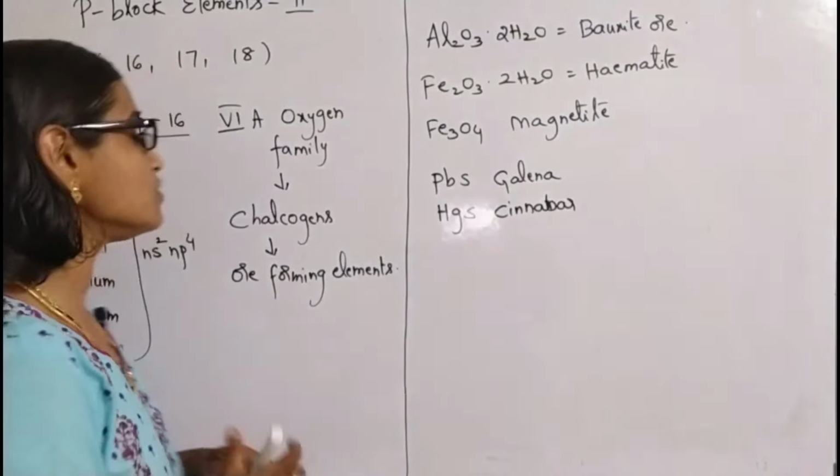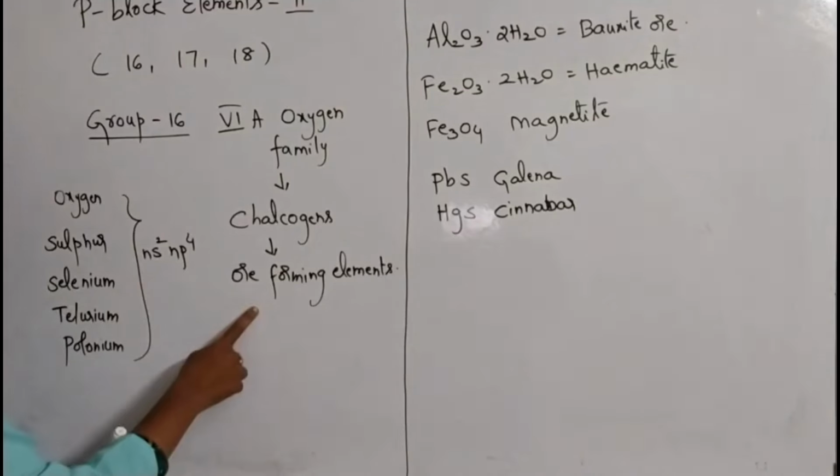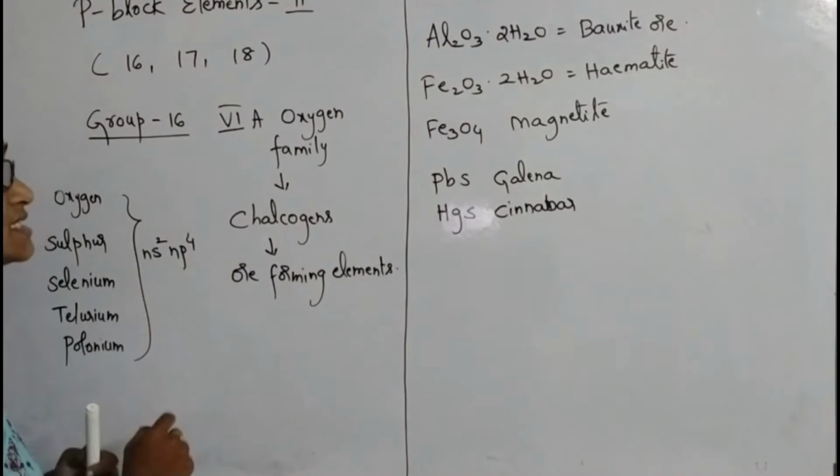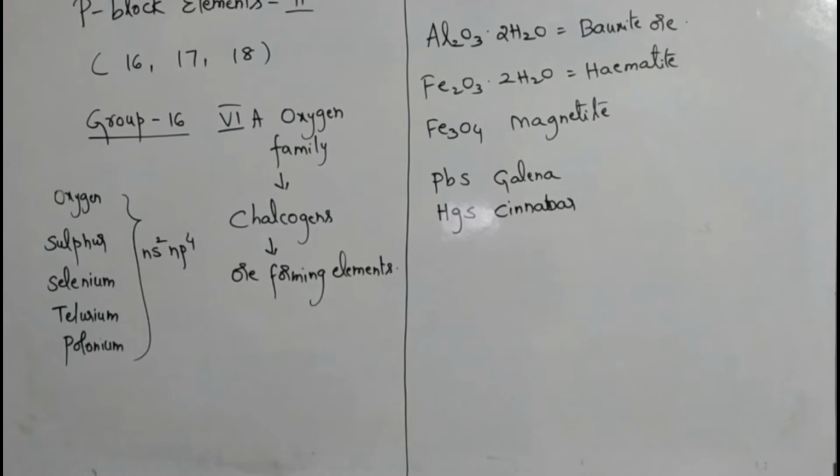Like this, chalcogens stands for ore forming elements. So 6A group elements are considered to be ore forming elements.